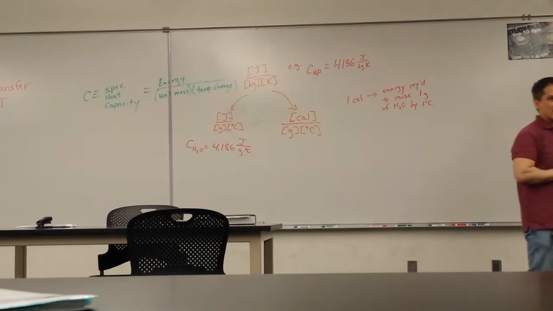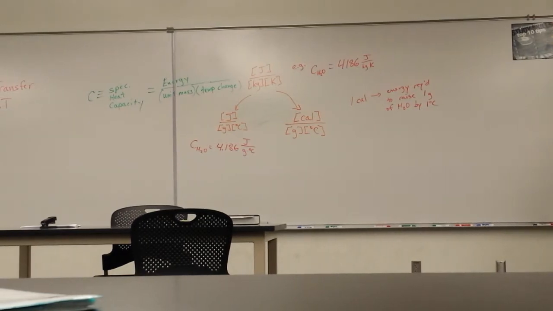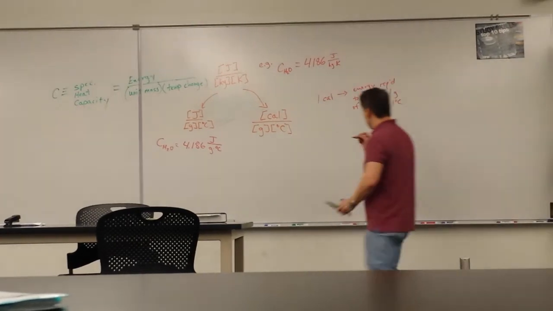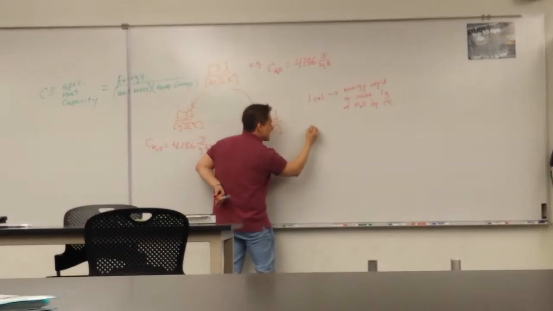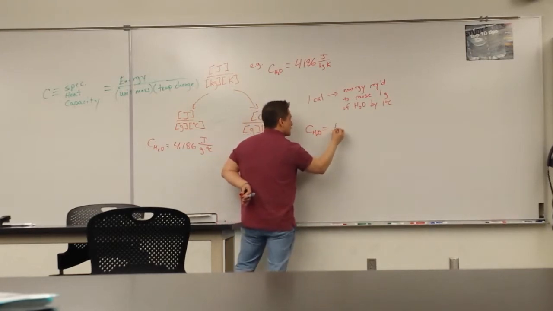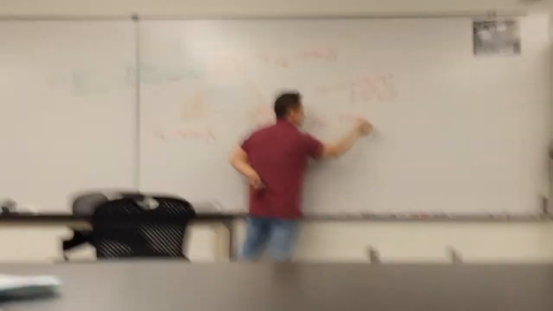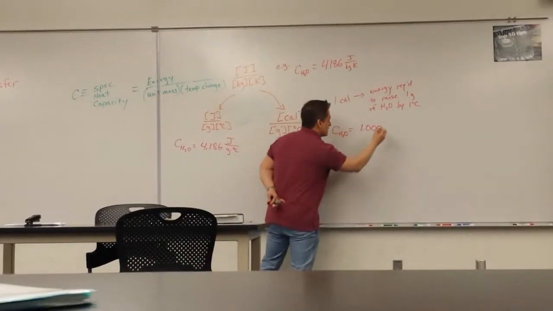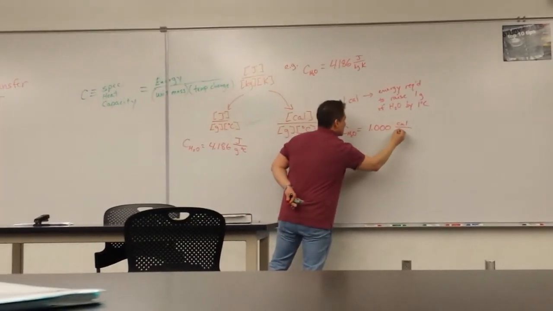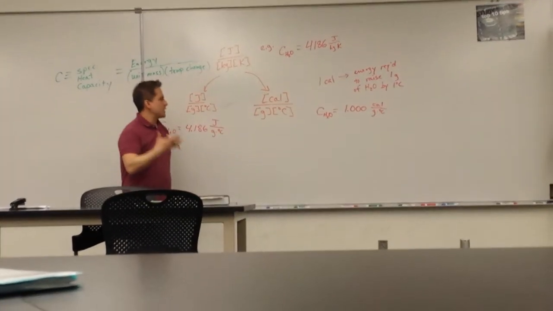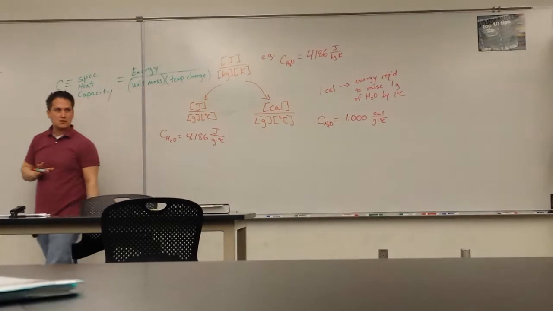Talk about arbitrary. But it gives us a measurable standard. And by this standard, the specific heat capacity for water corresponds to about 1.000 at around 20 Celsius calories per gram degree Celsius. So 3 different unit systems to describe this quantity.